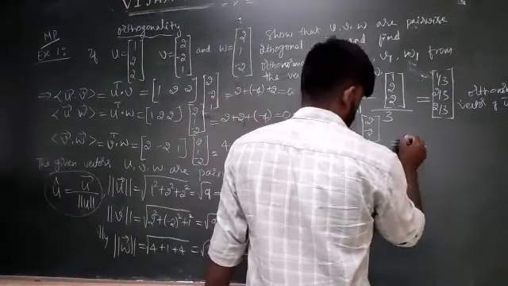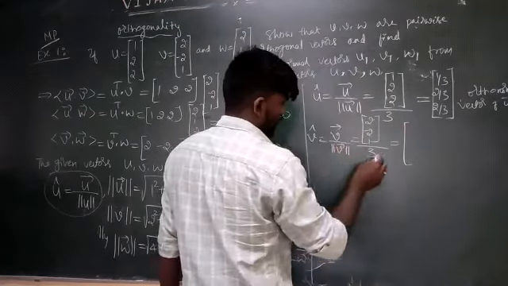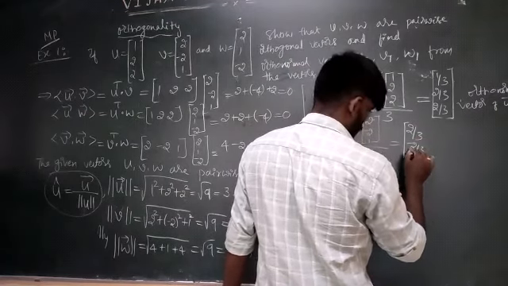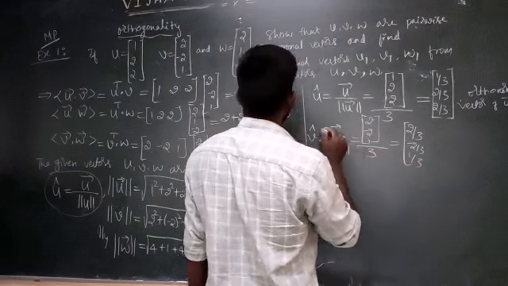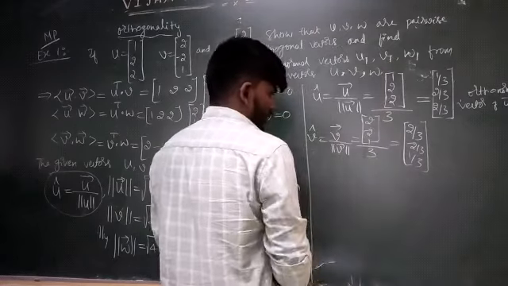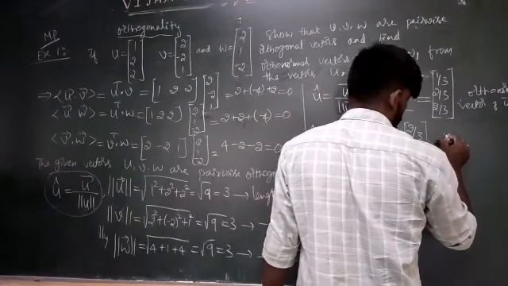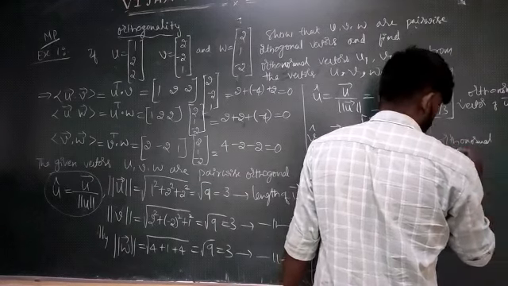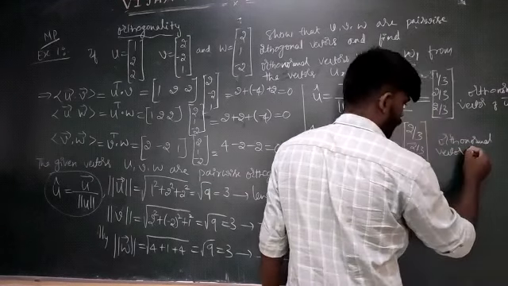Therefore the 3 goes inside, and we get 2 by 3, -2 by 3 and 1 by 3. This is the orthonormal vector for v.